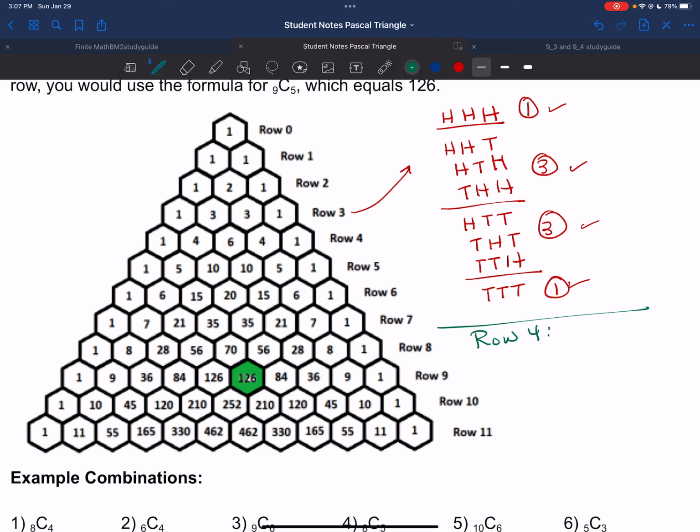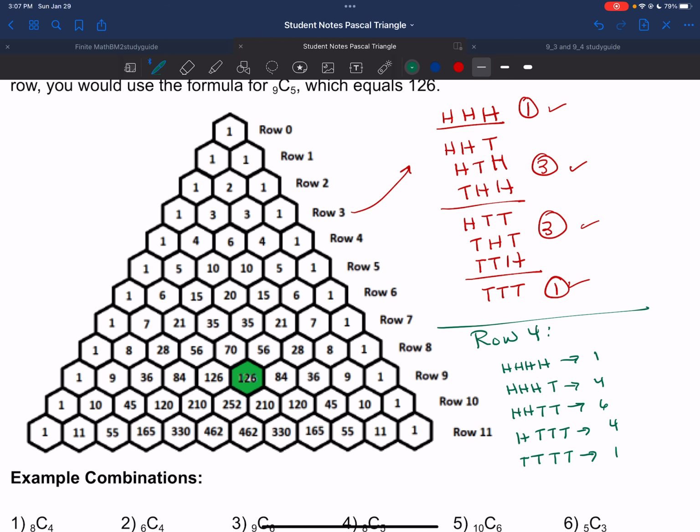Of course you would have 4 heads as the first number, then 3 heads and 1 tail as the second number, 2 heads and 2 tails as the third number, 1 head and 3 tails as the fourth number, and then 4 tails as the fifth number. So in row 4, I have 1, 4, 6, 4, 1.